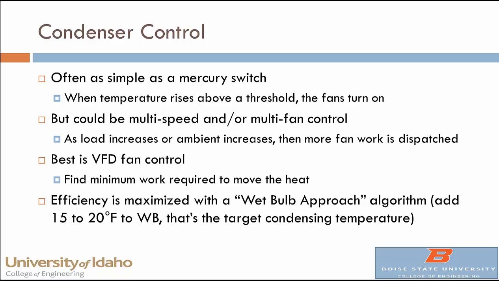And finally, there's an algorithm for very efficient operation called wet bulb approach, which sets a target condensing temperature about 15 or 20 degrees above the wet bulb, and that makes sure we put in the minimum amount of energy we have to to get rid of the heat we want.